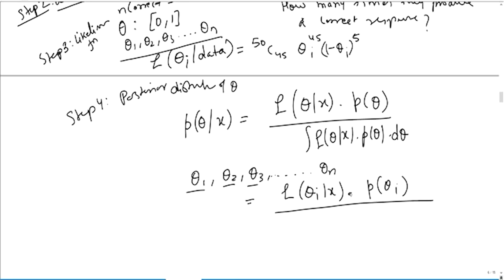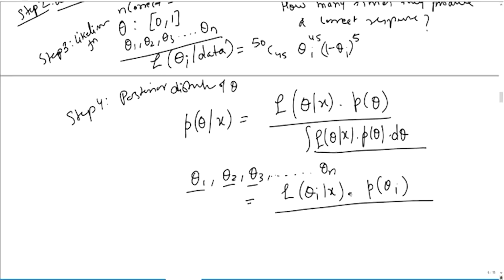Now, in some cases it would be possible to do this integration. Once you know the likelihood function and prior distribution, in some cases it would be possible to integrate. But in most cases the function cannot be integrated at all, so you cannot find a proper analytical solution for the marginal likelihood.